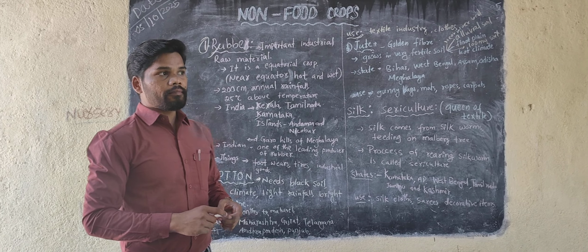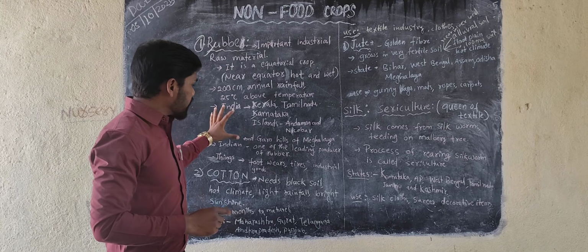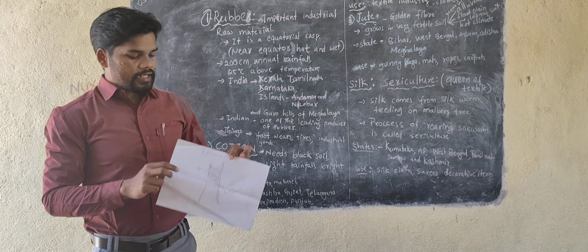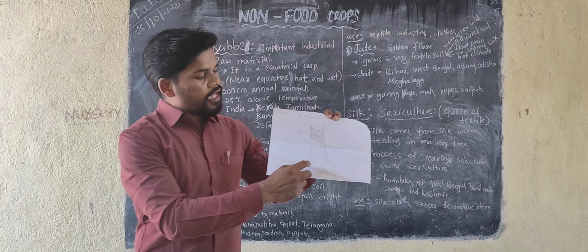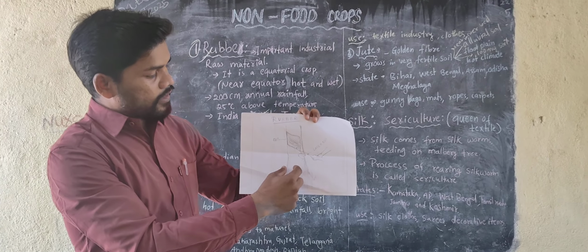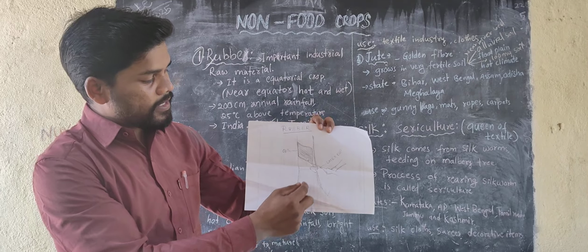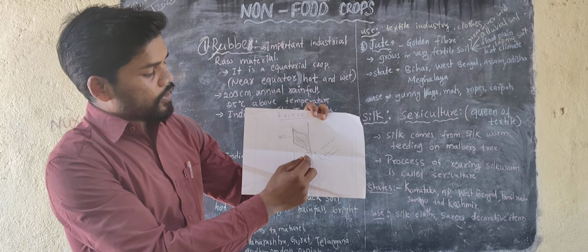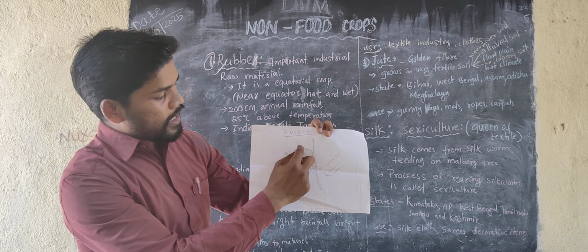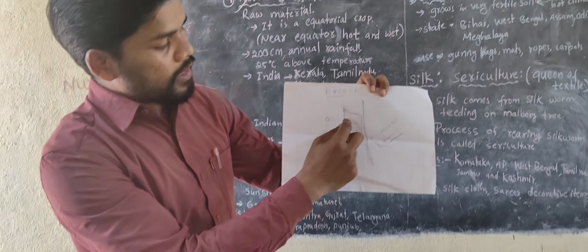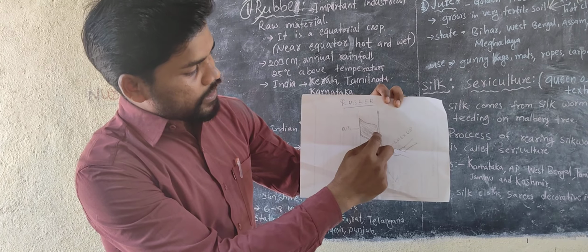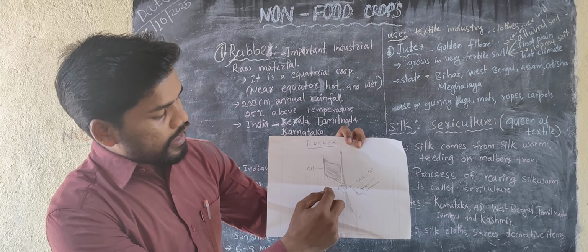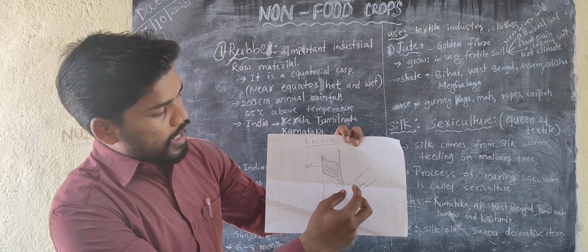Before we conclude with rubber, let us see how the rubber is collected. Now imagine this is a rubber tree. When they want to collect the rubber milk, first they cut some portion of the tree and make a kind of canal, and under that they put a latex cup.